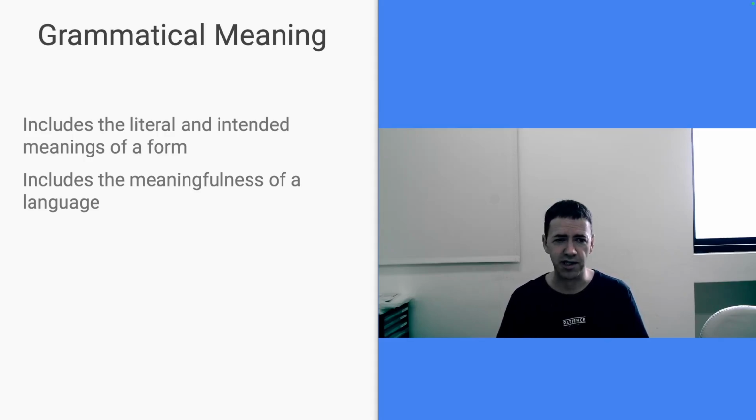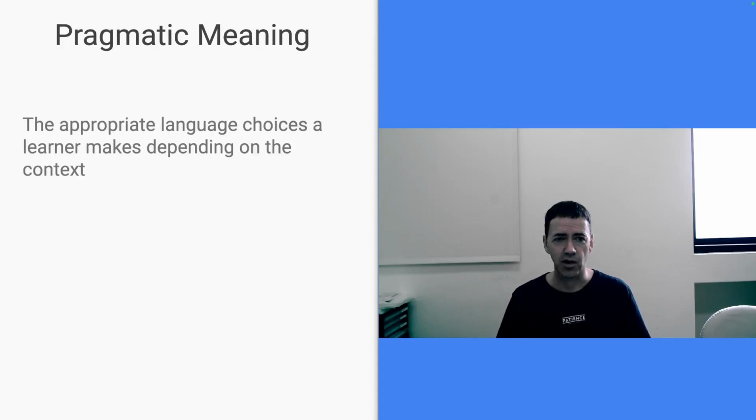I'll show you an example later in one of the test items. Okay, and then it has to have pragmatic meaning as well. This is the appropriate language choices a learner makes depending on the context. So, for example, what are the right choices based on who you're talking to, where you are, and what's the function of the language that you're trying to use.